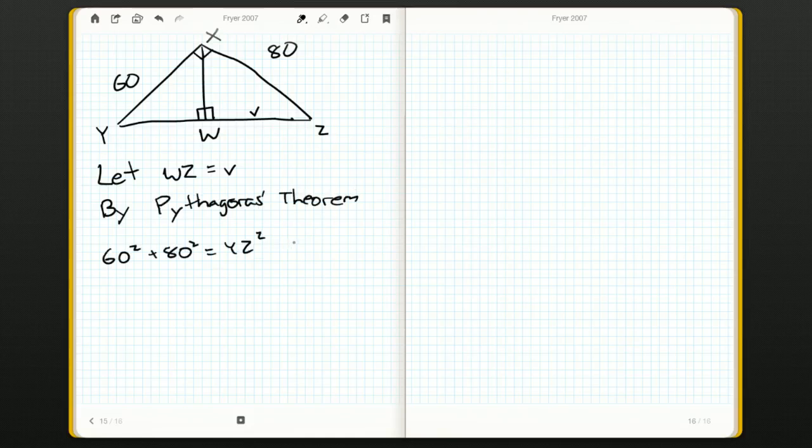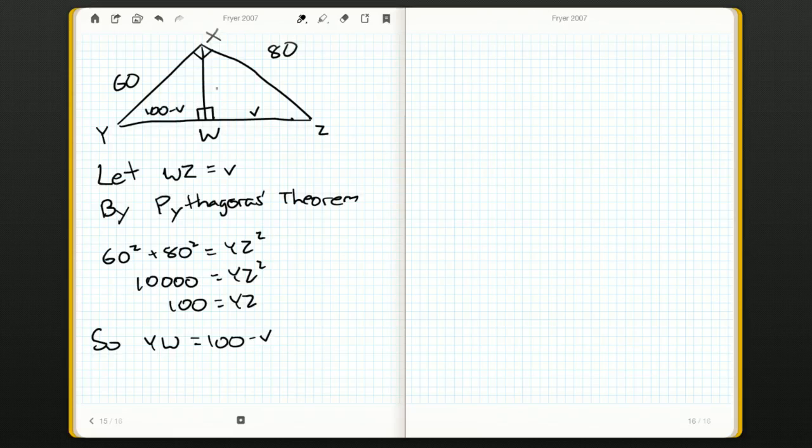So we get out our calculators, 60 squared plus 80 squared is going to give us 10,000. So that means that 100 is going to be YZ. We just square root both sides. So that tells me that YW is going to be 100 minus V.